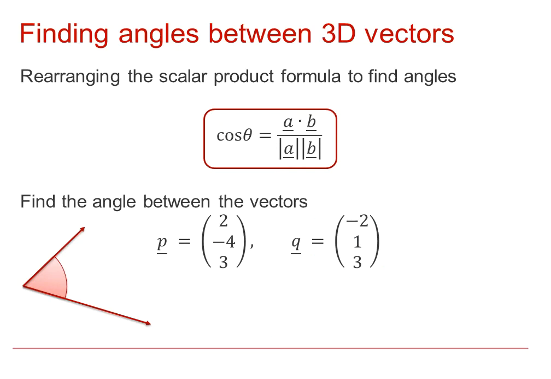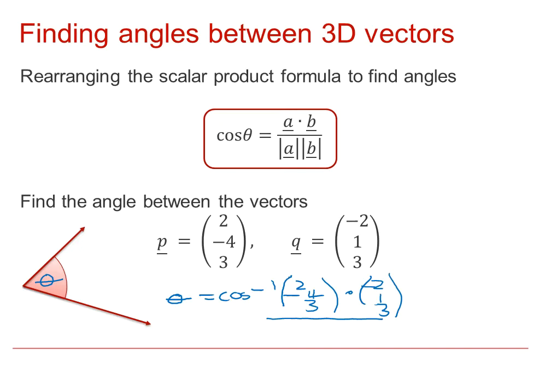The same process may be used in 3 dimensions. So we have again rearranged the scalar product formula to find the angle, cos theta equals, in this case, P dot Q over the magnitude of P times the magnitude of Q. So theta, being the angle between P and Q, will equal cos to the minus 1 of (2, minus 4, 3) dot (minus 2, 1, 3) over the magnitude of P, which will be 2 squared plus minus 4 squared plus 3 squared, times the magnitude of Q, minus 2 squared plus 1 squared plus 3 squared.